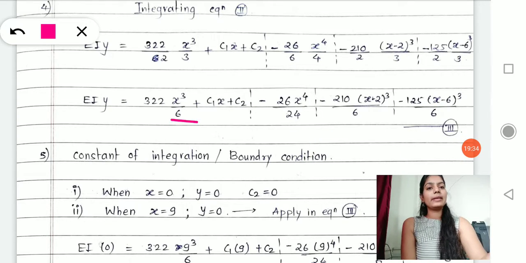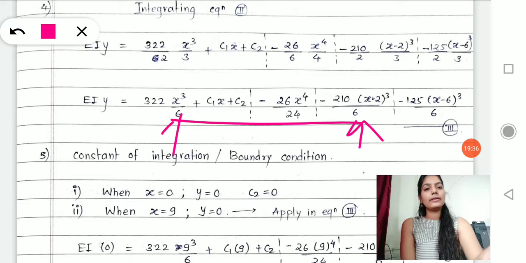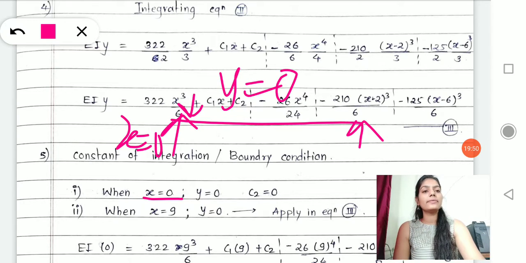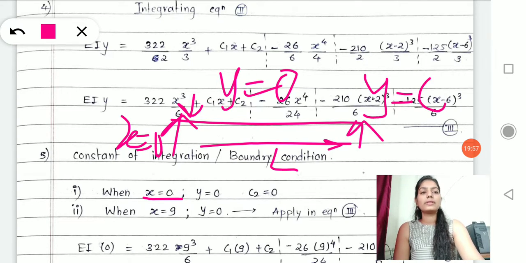So see here, I know my beam is simply supported, right? So the first boundary condition will be x equals 0, y deflection at that point is also equal to 0, because the support will not allow my beam to sink down or deflect. Next, x will be a distance of L and y will be equal to 0.